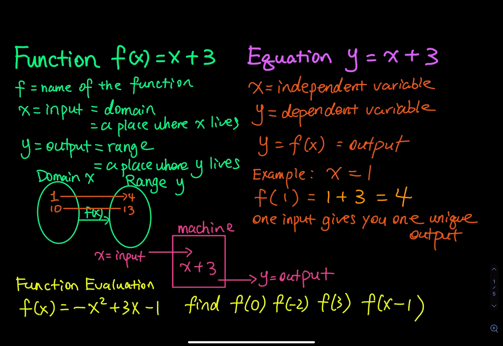So I would picture this as a little machine. For the domain, you input a number to the function. It's just like on the domain ellipse, you press a key. Imagine there are many keys inside this ellipse, just like a keyboard.